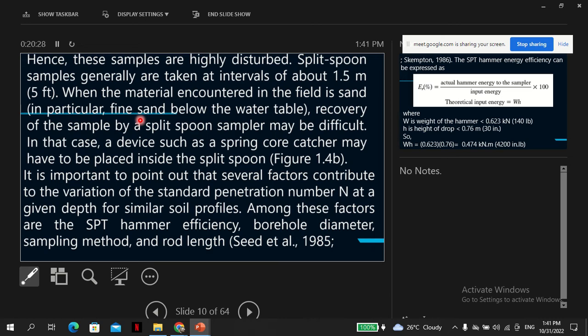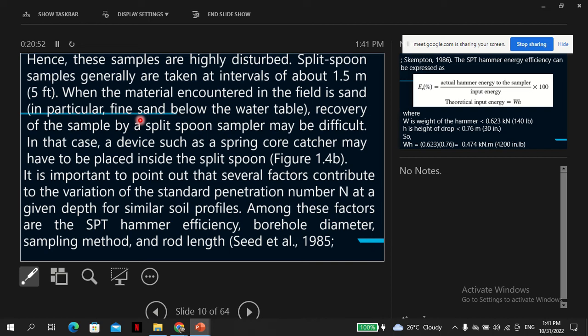When the material encountered in the field is sand, in particular fine sand below the water table, recovery of the sample by split spoon sampler may be okay. They are being modest. It is difficult. In that case, a device such as a sprinkle catcher may have to be placed inside.